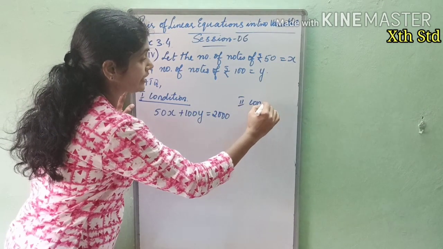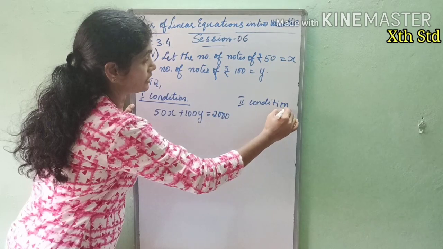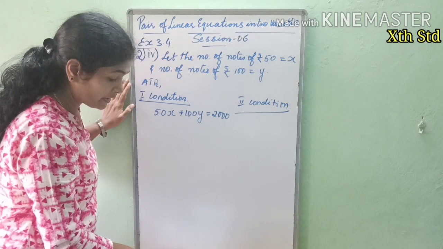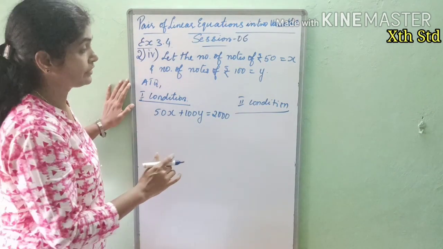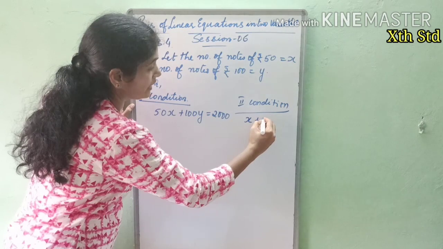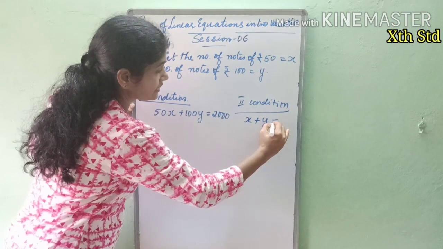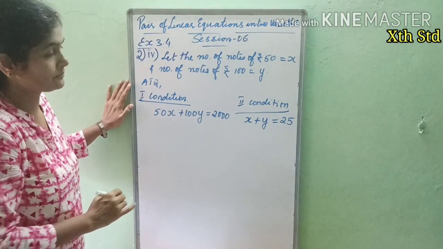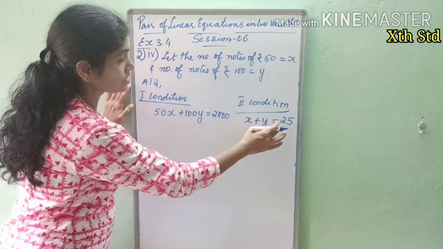And what about the second condition? The second condition says that Meena gets overall 25 notes. That means 50 rupee notes x and 100 rupee notes y together make only 25 notes. So this is the first equation and this one is the second.